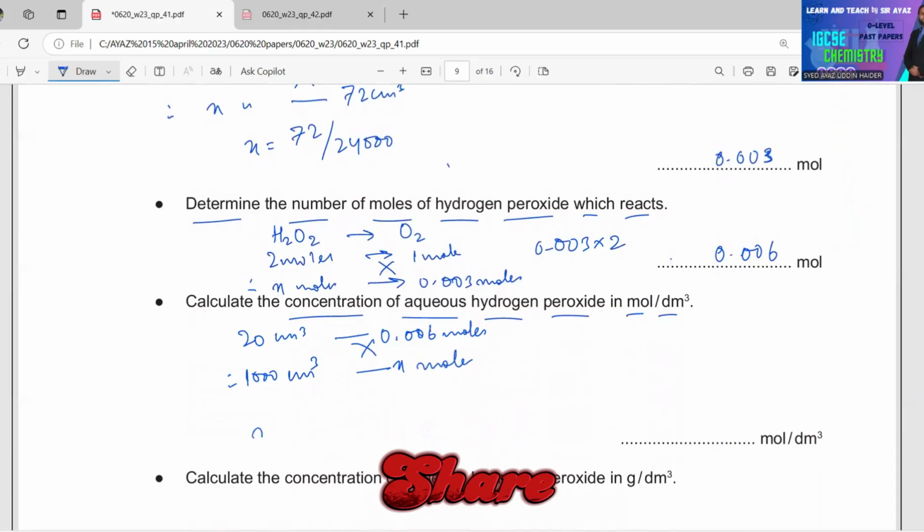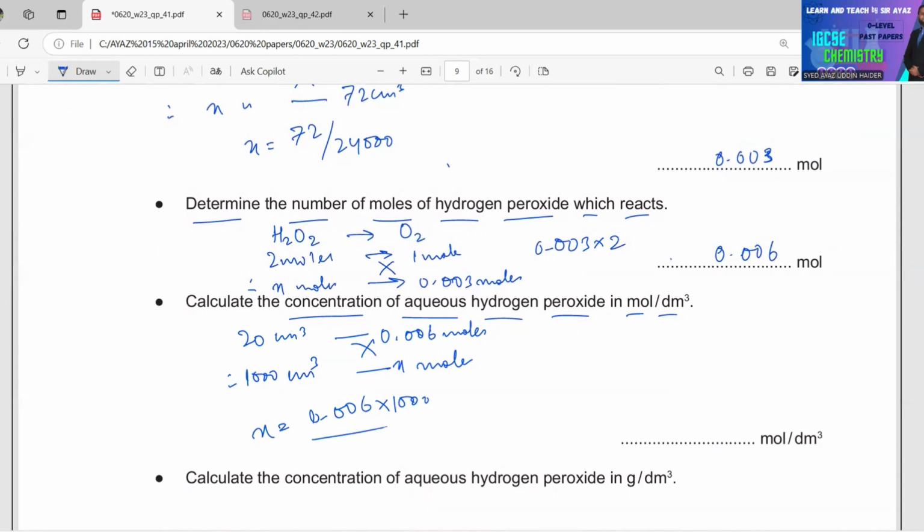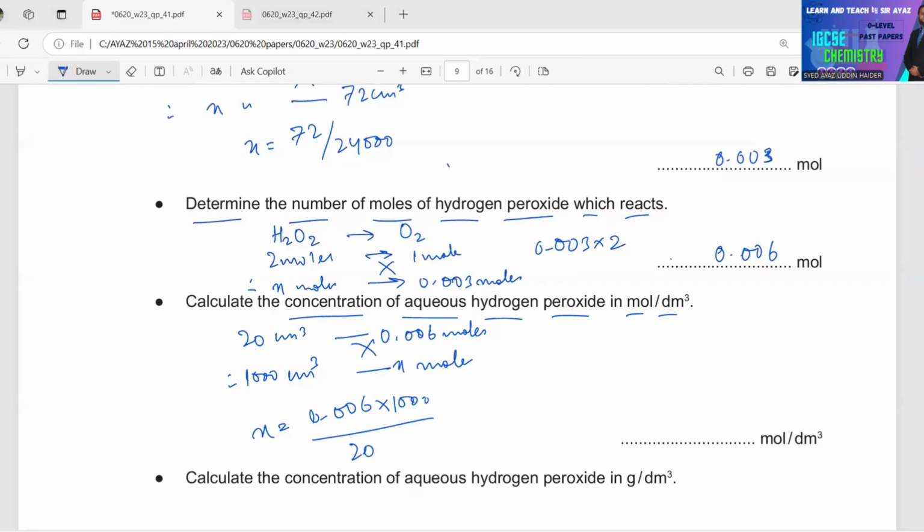Do the cross, you will get X is equal to 0.006 multiplied by 1000 and divide the answer by 20. The answer is 0.3 moles, 0.3 moles per dm3 of H2O2.